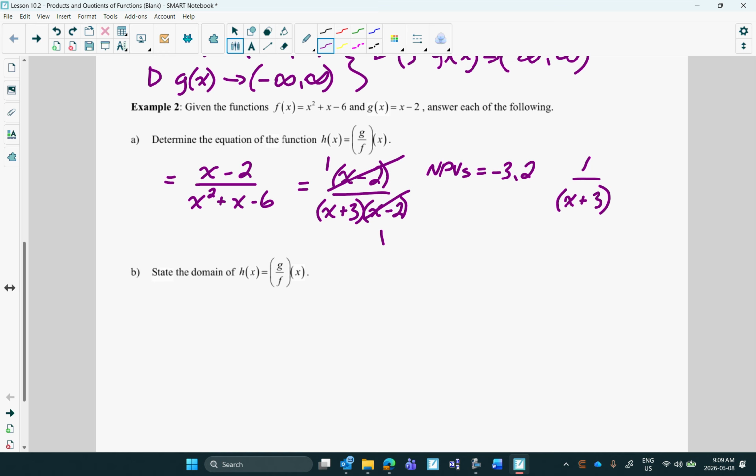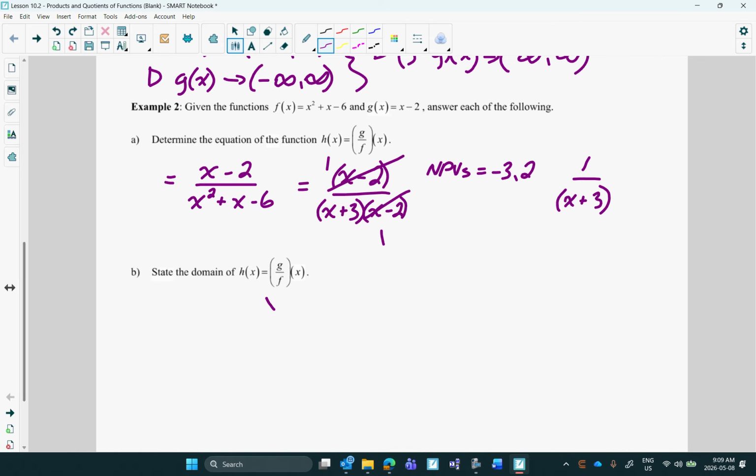If we took the domain of each of these, this is negative infinity to positive infinity because it's a parabola, and this is negative infinity to positive infinity because it's a line. But when we combined them, we saw that x can't be negative 3 or 2. So we have to exclude negative 3 and 2 from our domain.